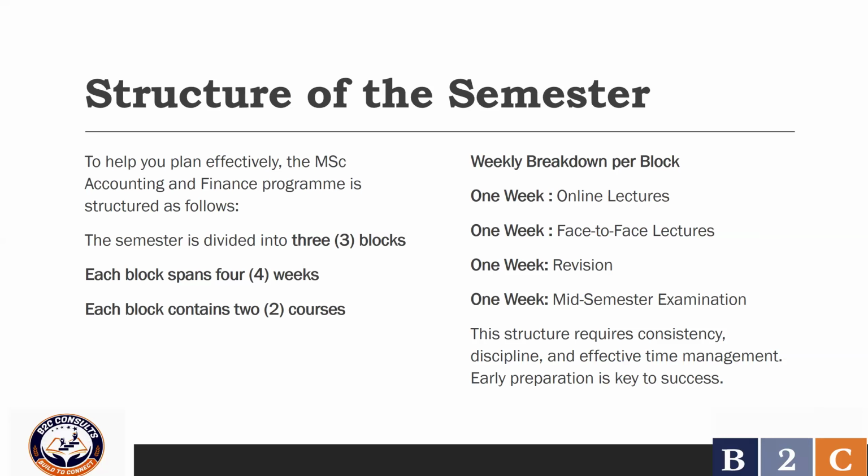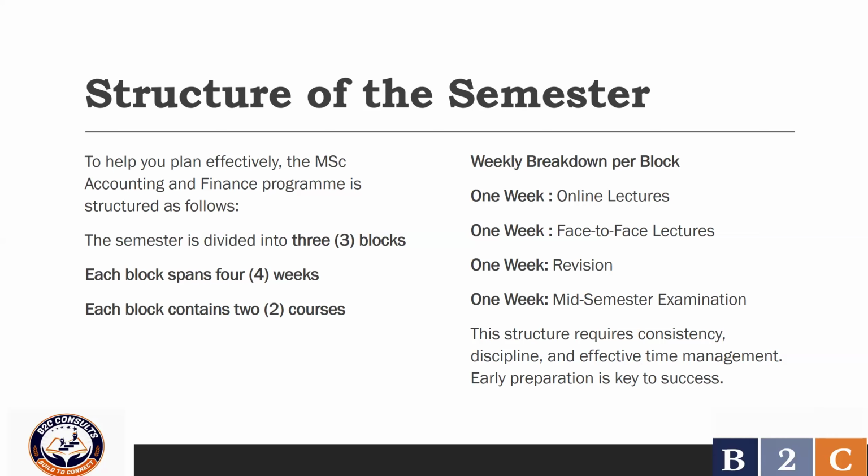Okay, so we've discussed this one. Each block has two courses and it lasts for three weeks. The first week will be for your online lectures. The second week will be for face to face, and at the same time, some centers will be resting. So in the third week, those who were resting will be having their face to face, and the others who had their face to face will now have time to rest.